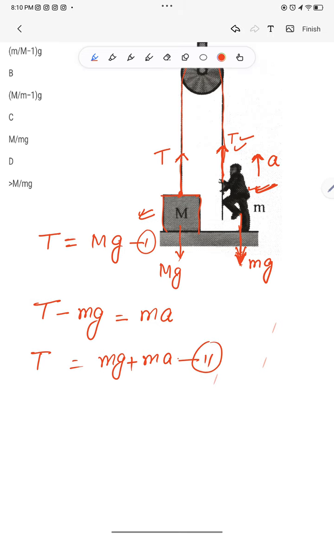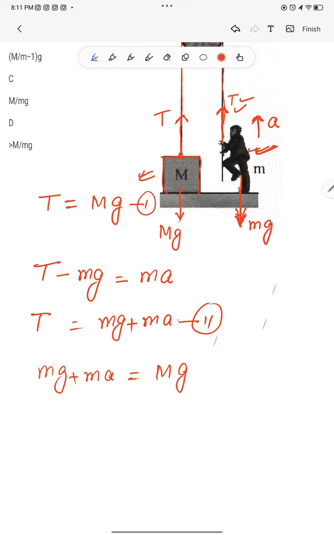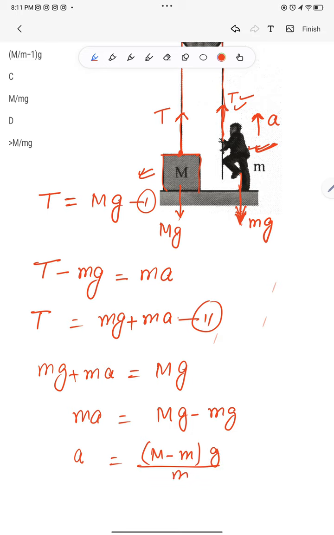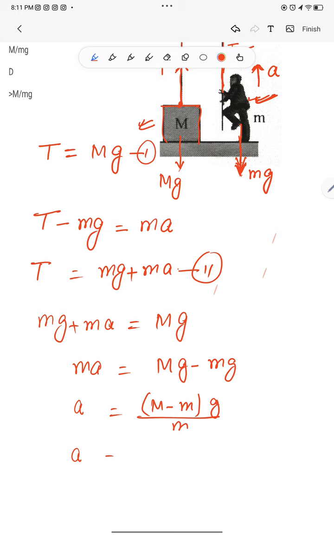So from equations 1 and 2, this mg plus ma should be equal to capital Mg, or this ma should be equal to capital Mg minus small mg, or this acceleration a should be equal to (capital M minus small m) into g upon small m, or we can write a is equal to (capital M by small m minus 1) into g.